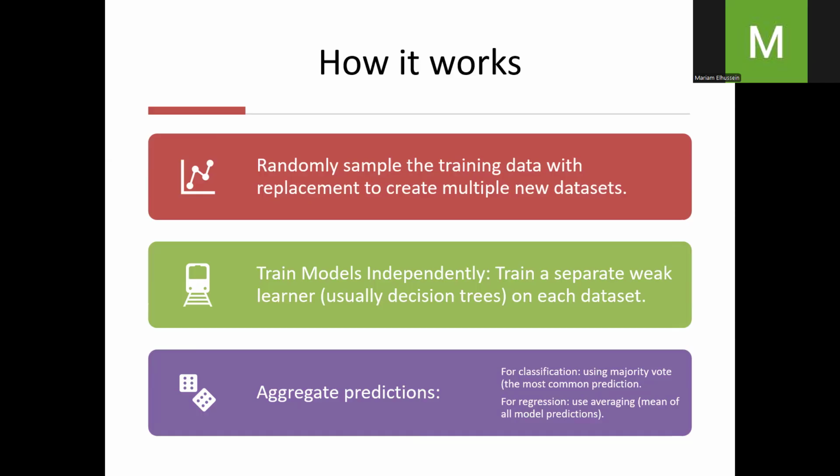Decision trees or random forest can work with regression and classification. For classification, we use something called majority vote.